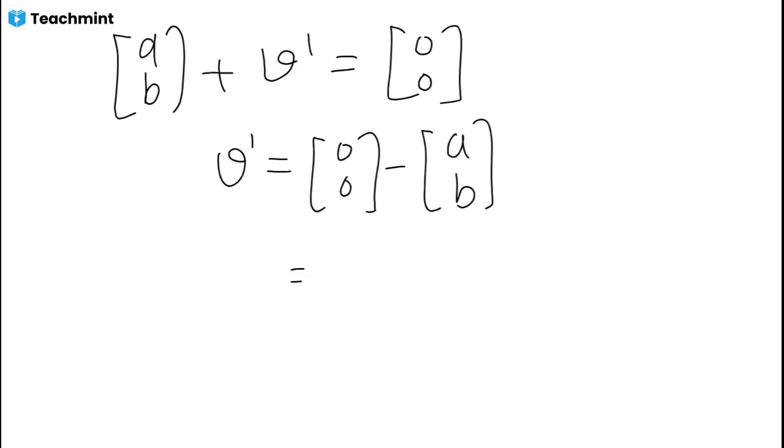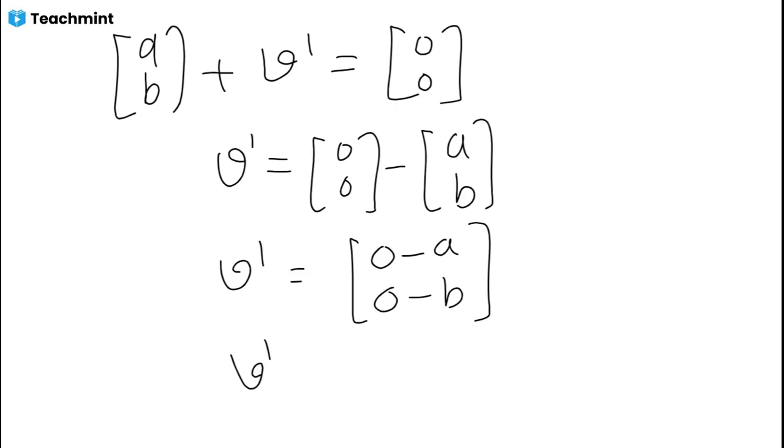So obviously, meaning is 0 minus a and 0 minus b. We have this is v dash, and v dash obviously has the minus a and minus b. We can take minus common outside. So v dash is equal to minus, and this is v.